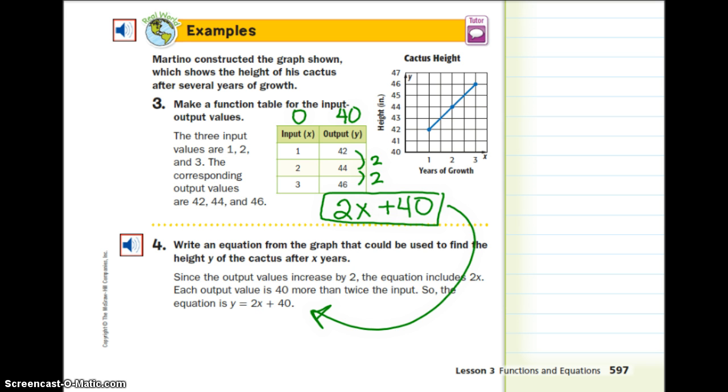Wow, look at that. So at 0, it was already 40, what is that, inches? 40 inches tall, and then started growing from there, which makes sense because you're not going to have a plant that starts out at nothing. Well, yeah, you would. You'd have a seed. Well, anyway, the point is it's 2x plus 40.